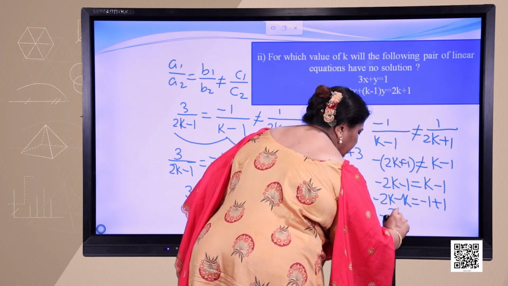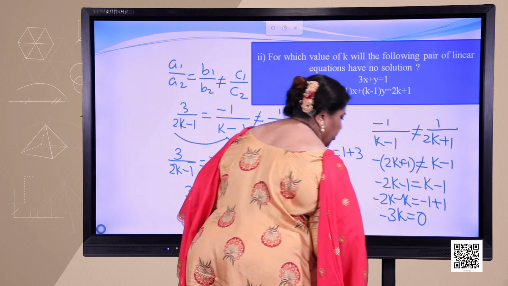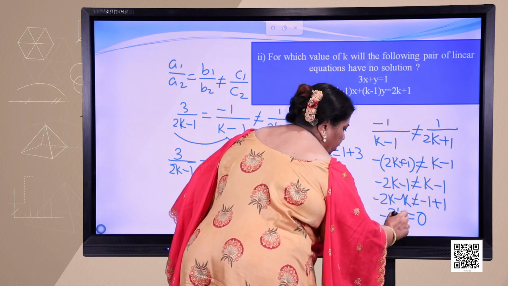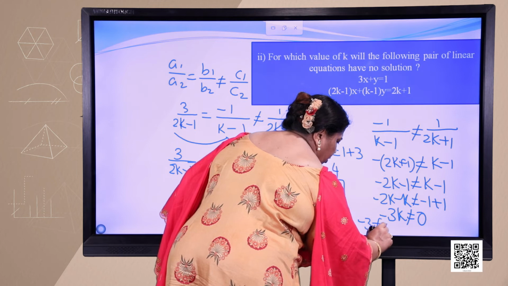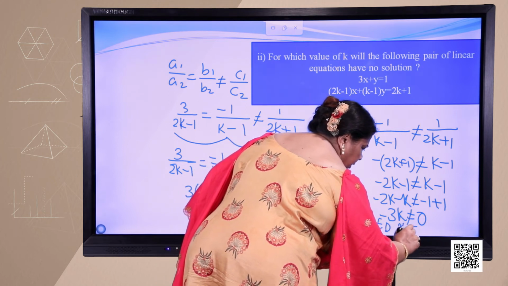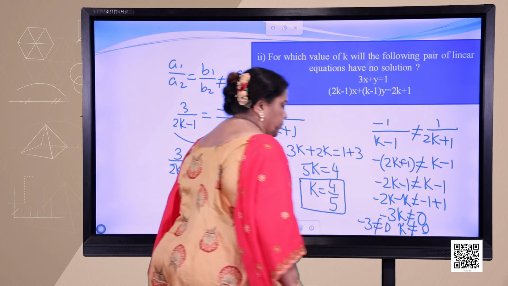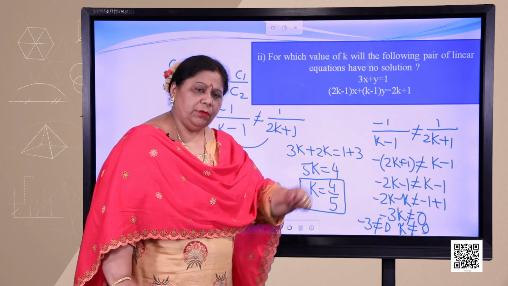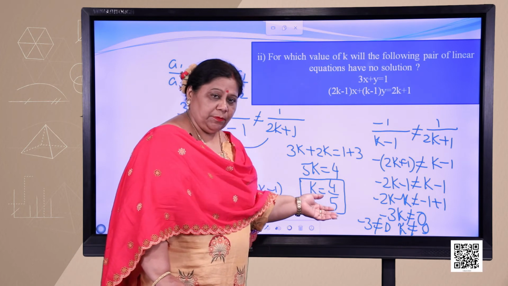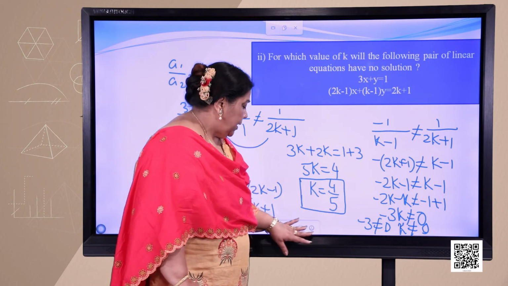So, minus 3k is equal to 0. We will write not equal to. So, minus 3 is not equal to 0, therefore, k is not equal to 0. We have the values k is equal to 4 by 5 and k is not equal to 0. I hope you have understood this part. Now, let us go to the next question.